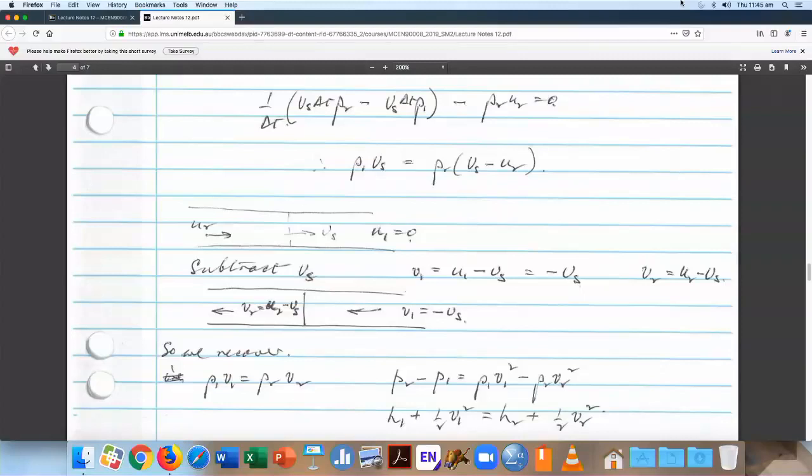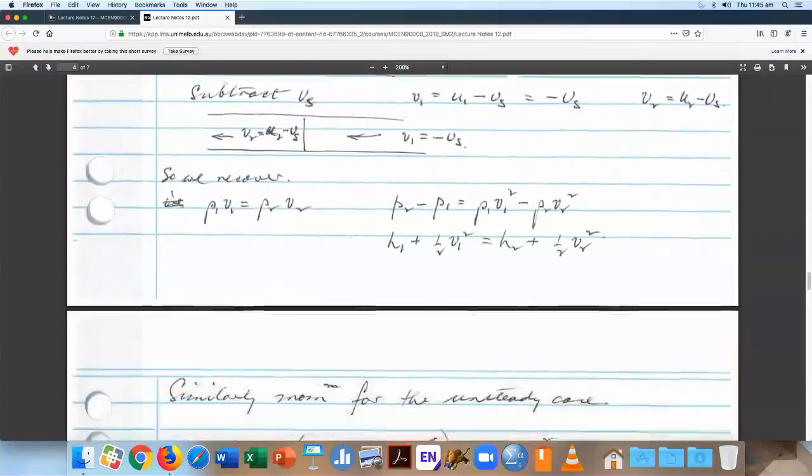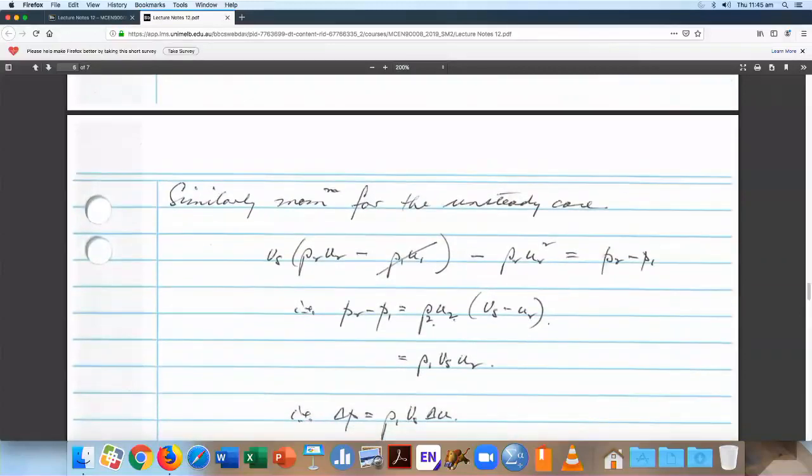So I can rewrite that: rho 2 (us minus u2) is rho 1 us, multiplied by u2.